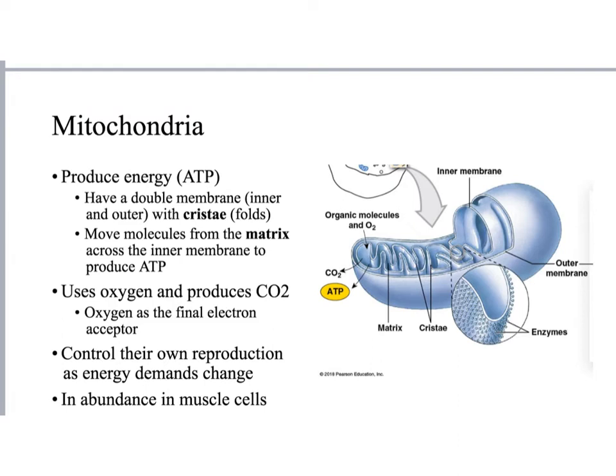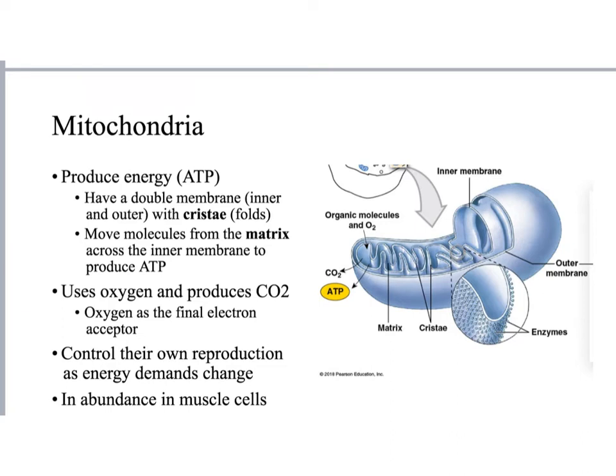We need ATP to run our ion pumps to pump sodium out of cells and potassium into cells. You're going to see ATP coming up over and over in physiology as the primary energy source for pretty much everything that the body does. A lot of that ATP is going to be produced in the mitochondria. At least the mitochondria gives you the most bang for your buck as far as producing ATP.